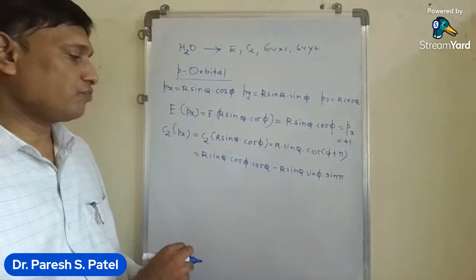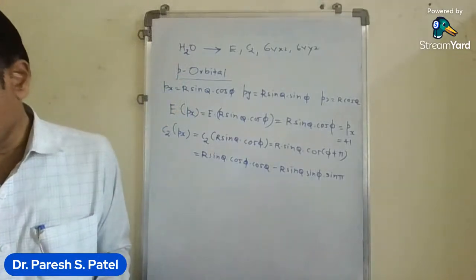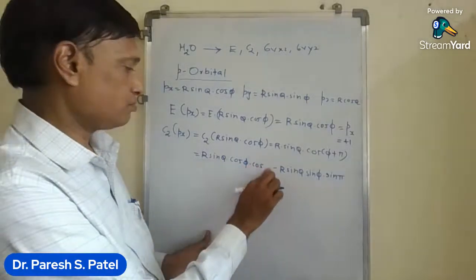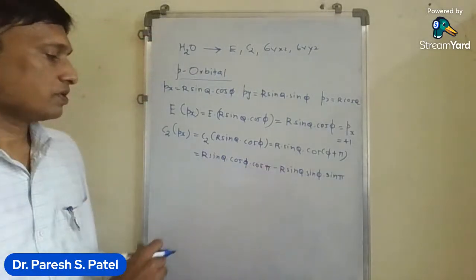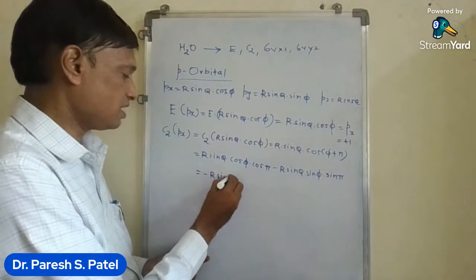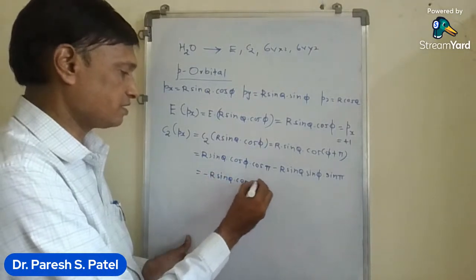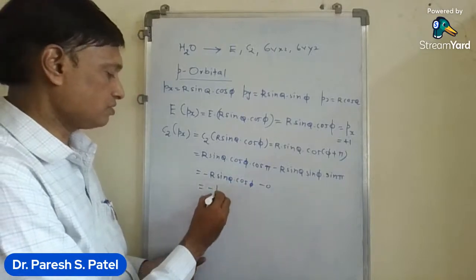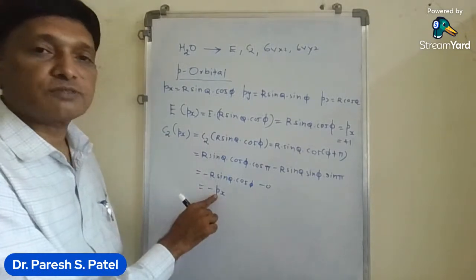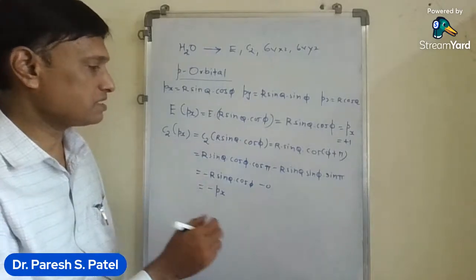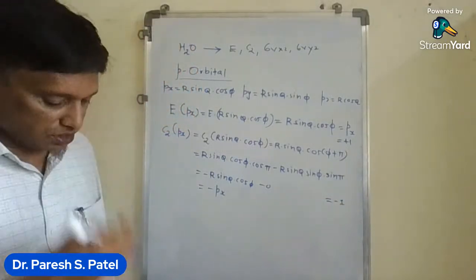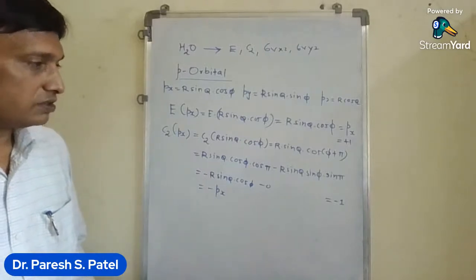We know that sin pi is equal to 0 and cos pi is equal to minus 1. So it is minus r sin theta cos phi minus 0, which is equal to minus px. So if we operate C2 on px, it changes to minus px, which means the character is minus 1.